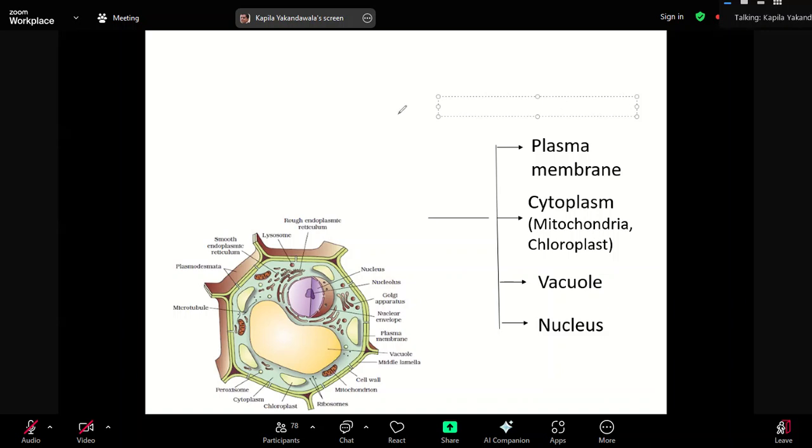Right, you should be able to draw a cell like this. So in a cell, this is called the middle lamella, in red color. Then inner to that, you have a cell wall.